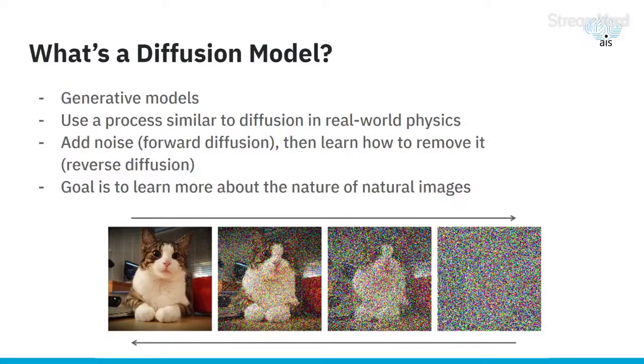It's called a diffusion model because the process is similar to how diffusion works in real life. Specifically, you add noise. As you go from left to right, there's more and more noise added via a random process. And the goal, weirdly enough, is that we can reverse this process, going from really noisy to something that actually looks pretty nice.